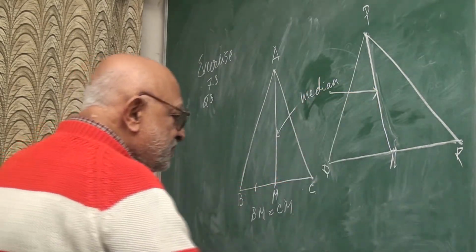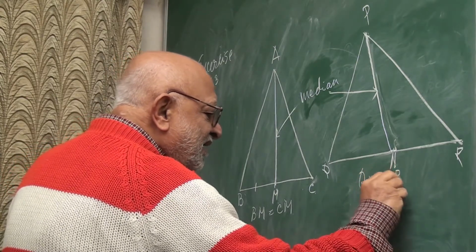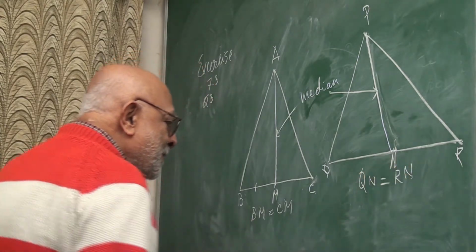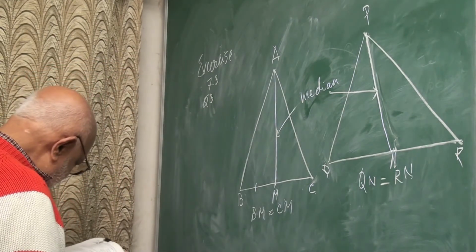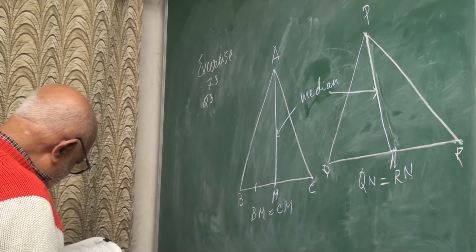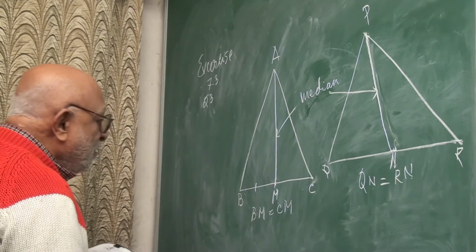So here also QN is equal to RN. It's given. Okay. So what is to be proven? Two sides of this are equal, as given.